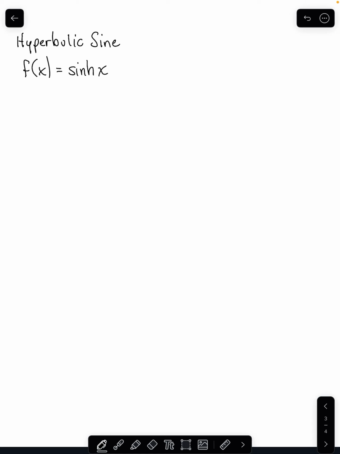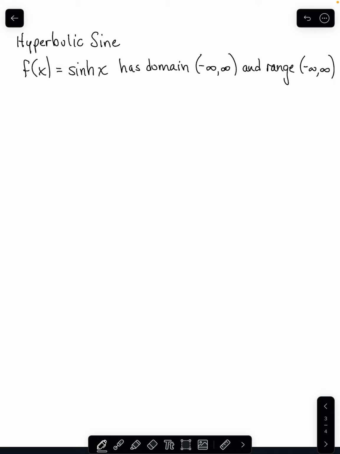Likewise, as with the hyperbolic cosine, this does extend to an infinite area, either above or below the x-axis. So we will also have domain all real numbers. So we're definitely going to get a different shaped graph here, if only because it has a different range than the hyperbolic cosine.